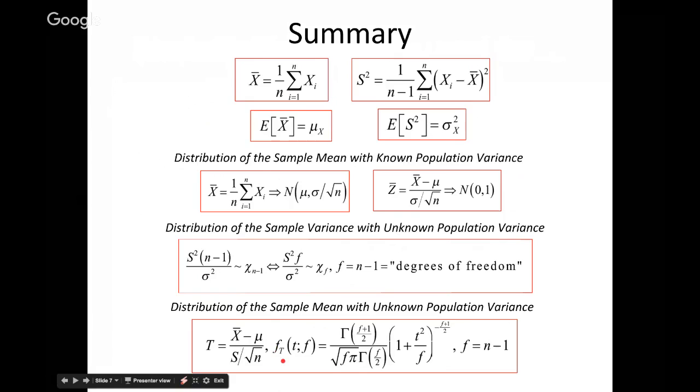This is the PDF for the student t. And it too is a one parameter distribution. That is, it depends only on the degrees of freedom f. And this symbol here is the gamma function, where we're substituting in the degrees of freedom f to get a specific number for that quantity.